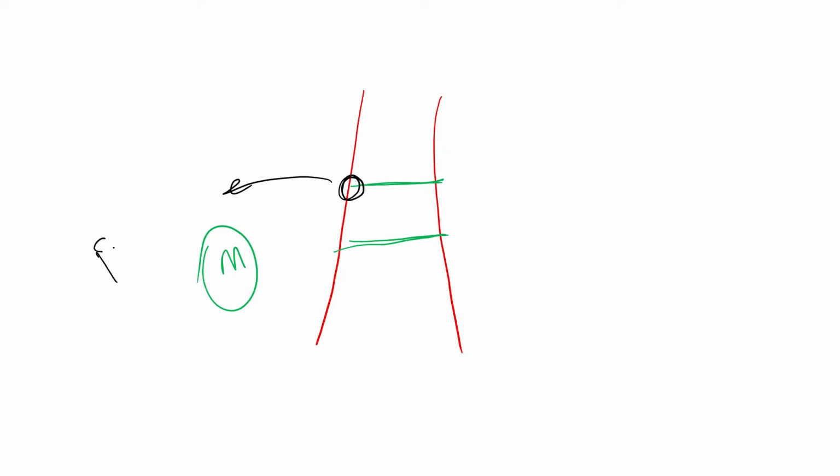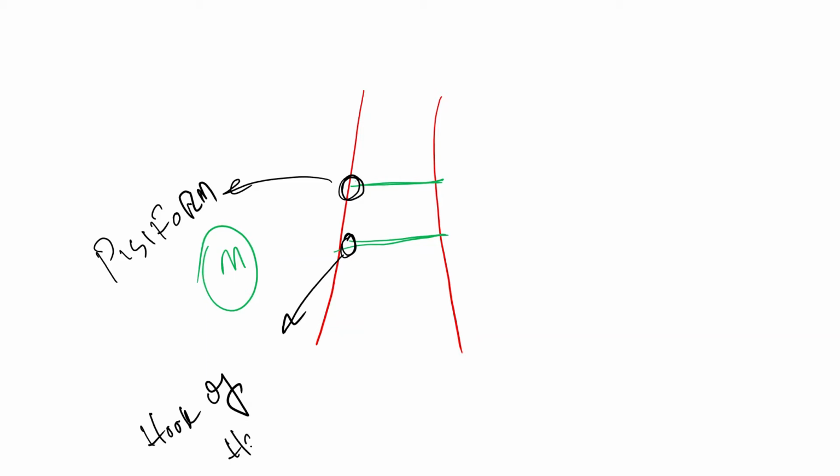The pisiform bone gives attachment to the proximal end of the flexor retinaculum, whereas at the distal end along the medial border, the retinaculum receives attachment from the hook of the hamate bone.